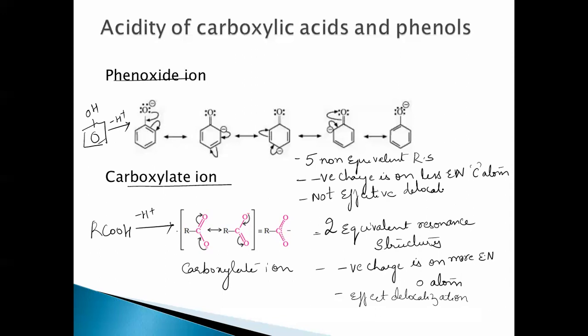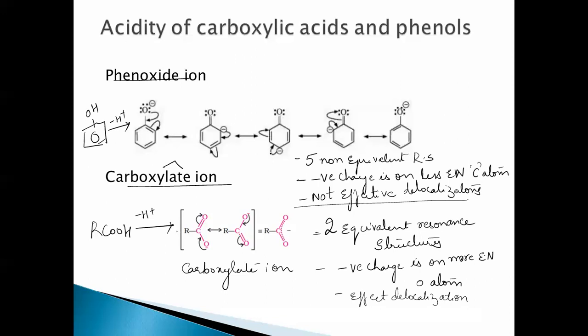So these are the 3 reasons why the carboxylate ion is more stable than the phenoxide ion. In the carboxylate ion, even though only 2 resonance structures are possible, they're equivalent. Here they're non-equivalent resonance structures, even though there are 5. Here the negative charge is on the more electronegative oxygen atom.